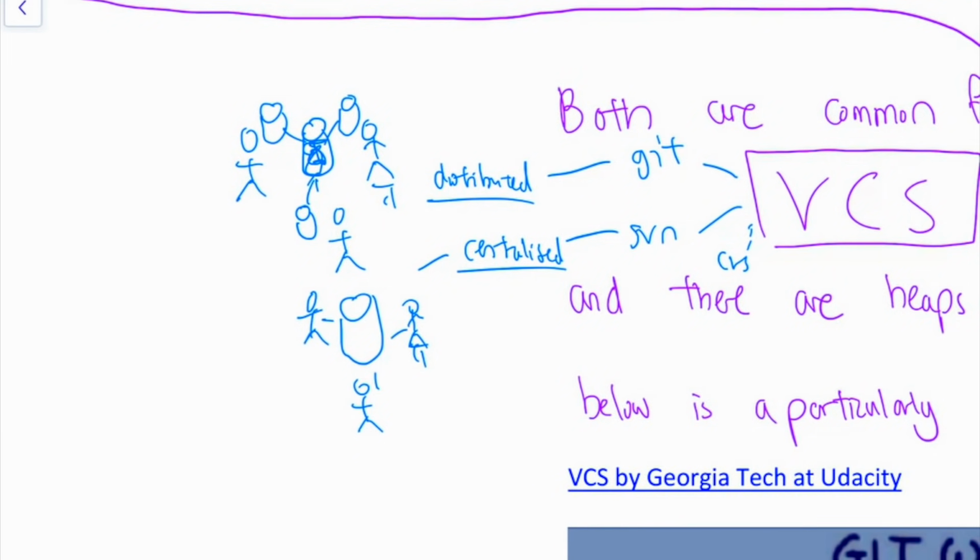Both methodologies, distributed and centralized, are still widely adopted. For example, centralized is still used by Google, and distributed is used by things like Linux open source development.